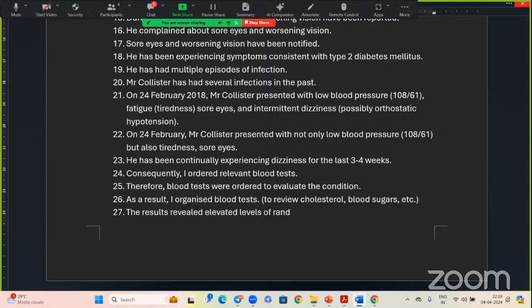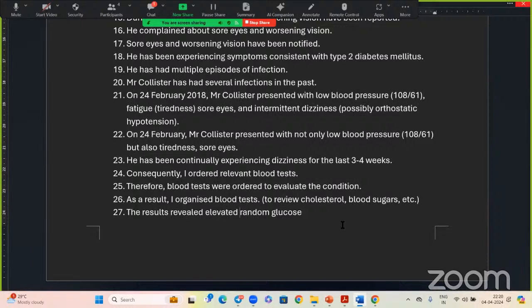Random glucose. There are many different styles we can use. The results revealed elevated readings of random glucose level.